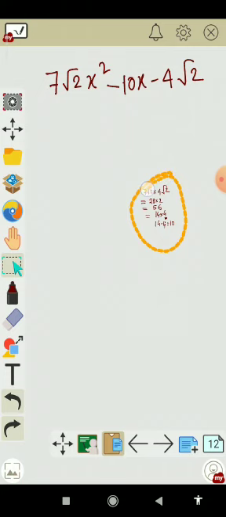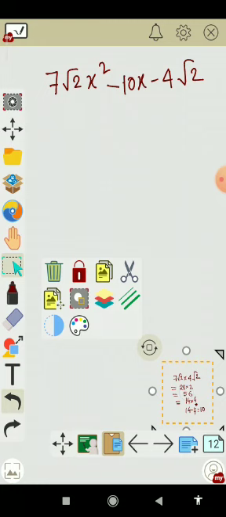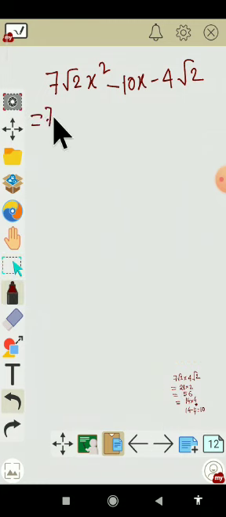I think you understood this. That is the rough part. We just have to know what we will write in place of 10x.